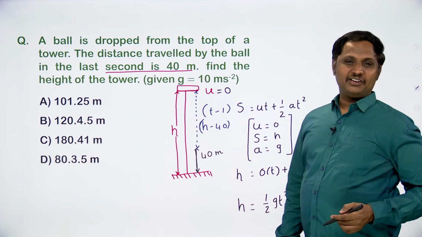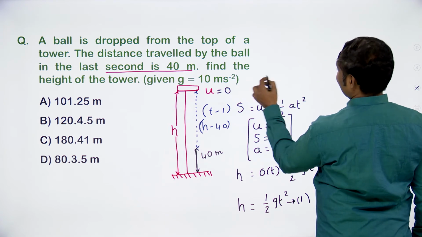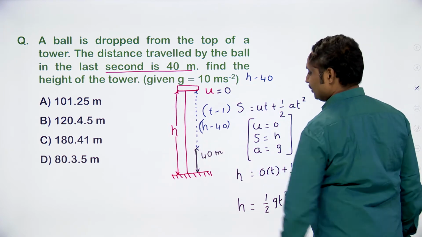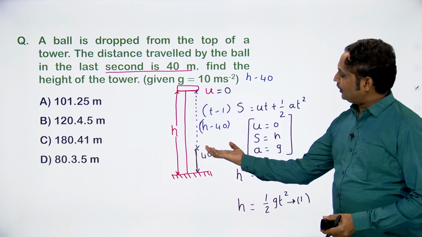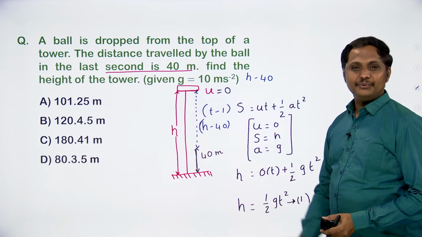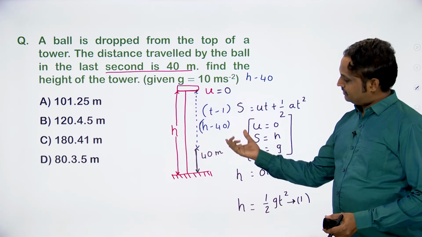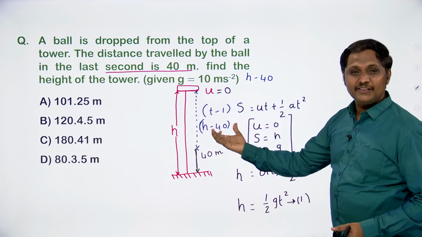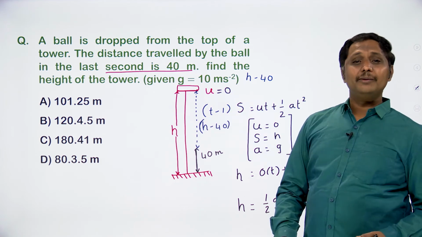Now, we will apply that equation. Therefore, h minus 40, because it has been given that in the last second it has covered 40 meter vertical distance. So, this is going to be h minus 40 in the time duration of t minus 1 seconds.